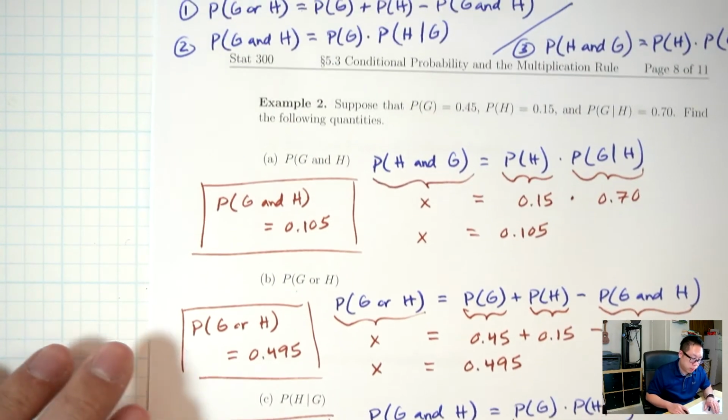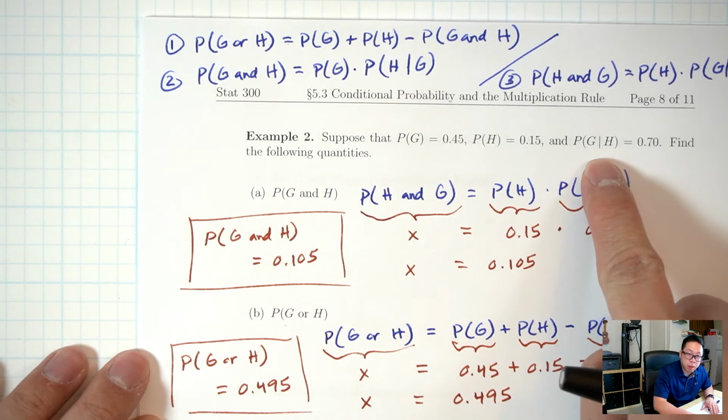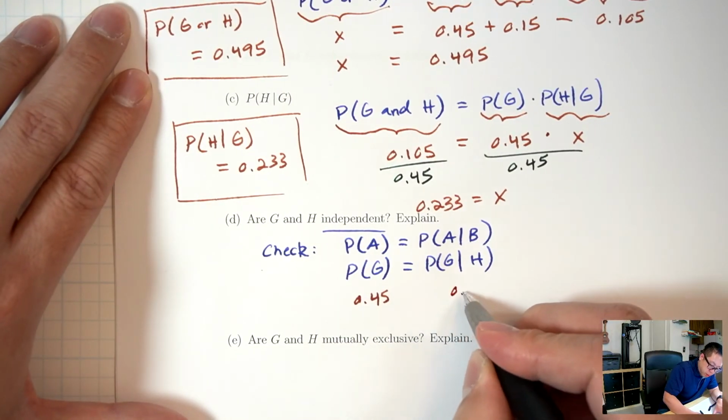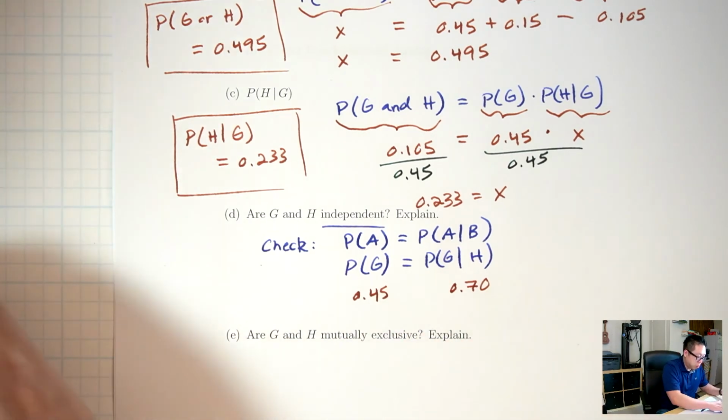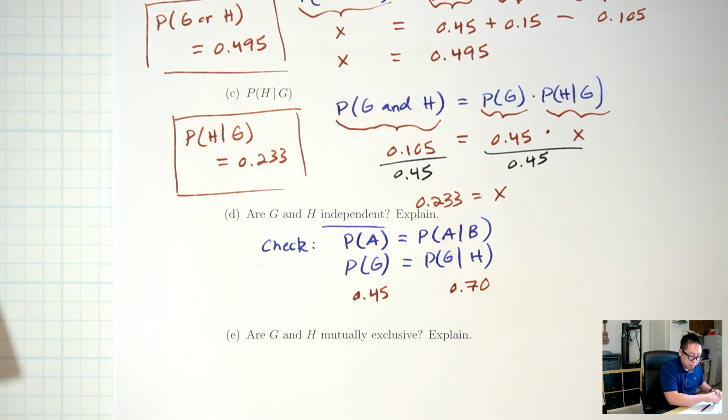G given H, 0.70. Okay. If they're equal to each other, they're independent. If they're not equal, they're not independent. Obviously, these are not equal. So our conclusion here is that they are not independent.